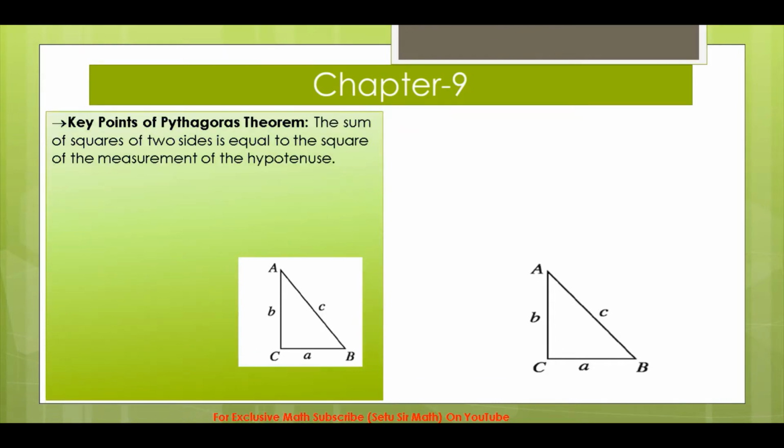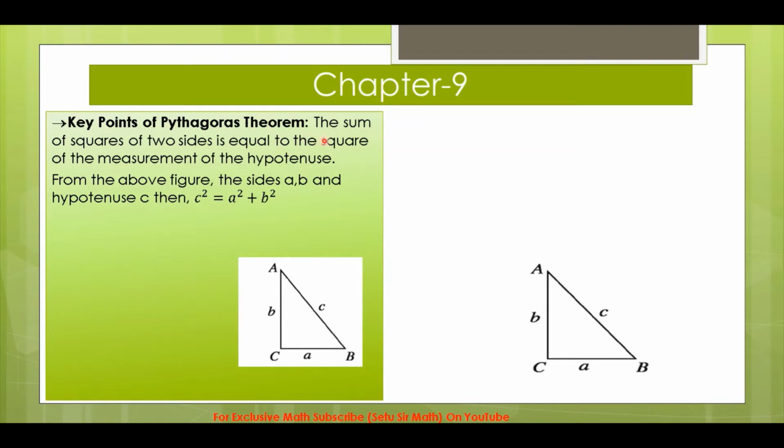Now, key points of the Pythagoras theorem. The sum of the squares of the two sides is equal to the square of the measurement of the hypotenuse. For better understanding, I am using some examples. From the above figure, the sides are a and b and the hypotenuse is c, then c square equals a square plus b square.